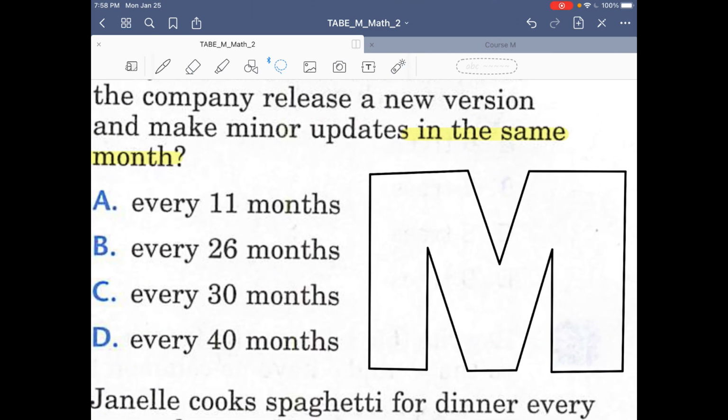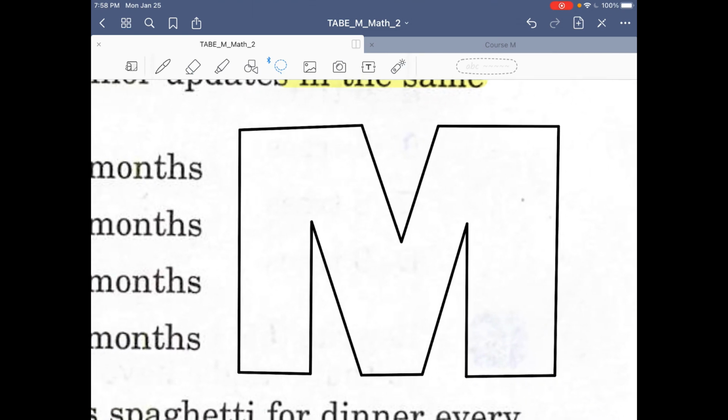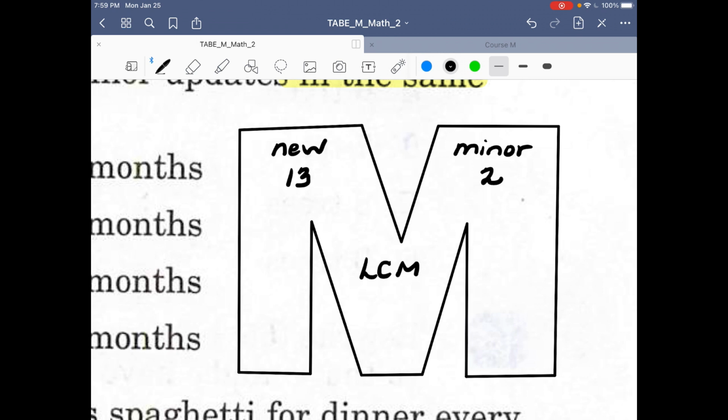And I like to, on these word problems, explain what my numbers mean. So we're going to say a new version comes out every 13 months, and then the minor updates come out every 2 months. And we want to know when this will happen in the same month.